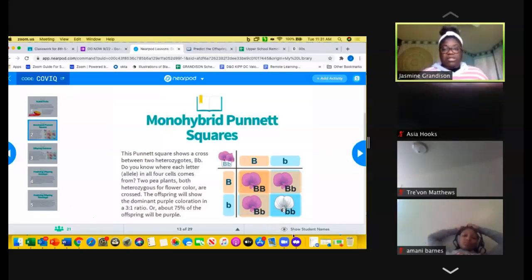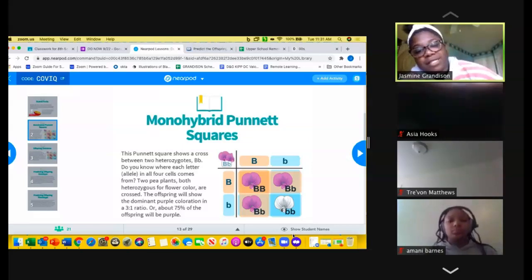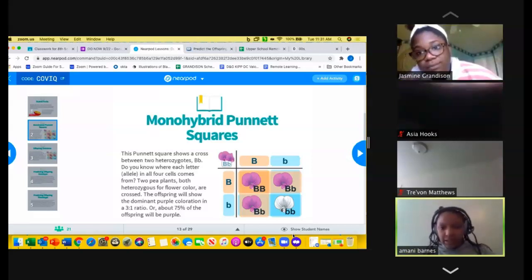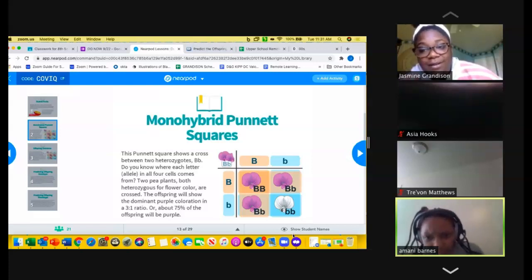You can respond in the chat or come off of mute. What is the difference in this Punnett square that we have not seen in our classwork for today? We didn't see the images right there. Why are they all different colors except the one down there?